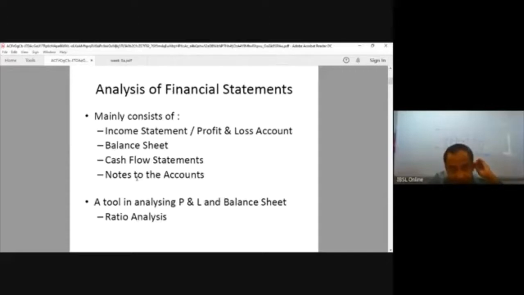Why? Because those are the balances of assets, liabilities, equity and all on a particular date. That may be different the previous day, that may be different the day after. That is the position on that particular date.